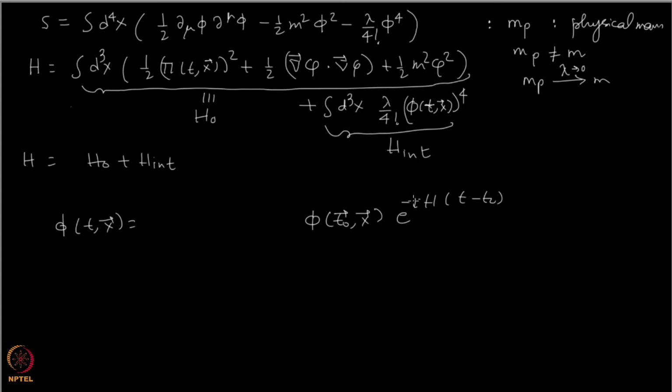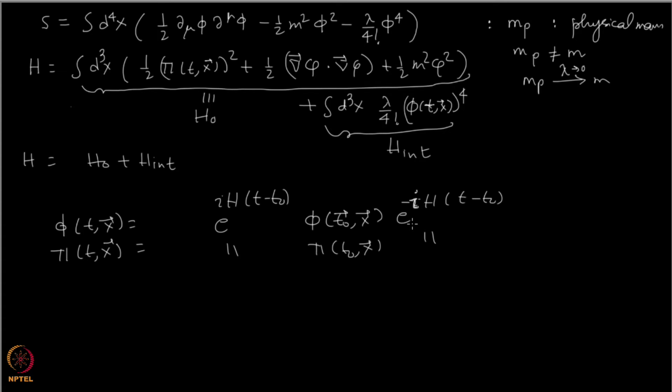So these are the unitary operators that take you from phi at t naught to phi at t. Okay, where h is the full Hamiltonian, and similarly for pi, the same factor here and the same factor there.